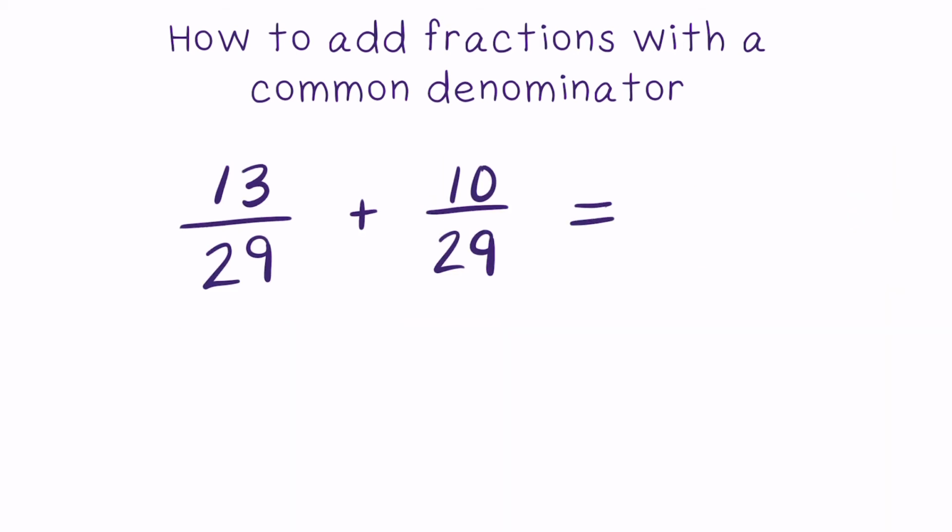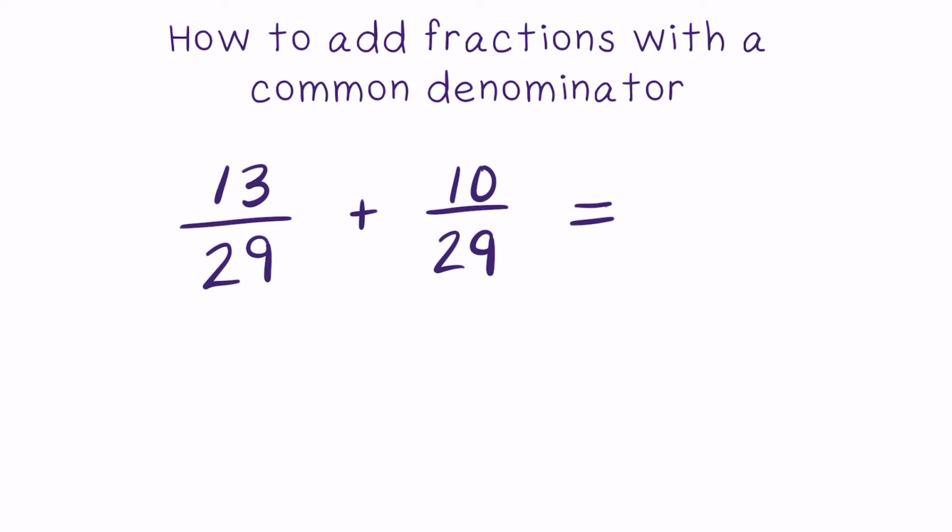It's important to note that the same rule, that if you have a common denominator, you simply carry that denominator to the sum and add the numerators together to get your new numerator, can be applied to any common denominators. It doesn't have to be simple denominators like fourths.